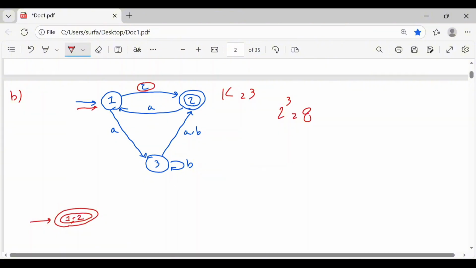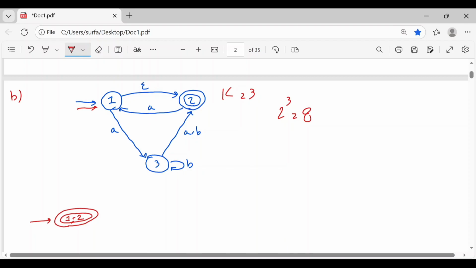And if we are in 2 here, we can start with 1 and use the epsilon transition, and after that use a like this and go back to our first state, and also we can use only the transition function and go to state number 2.